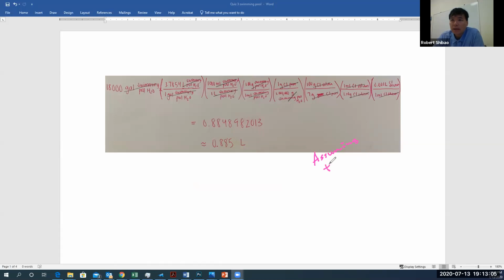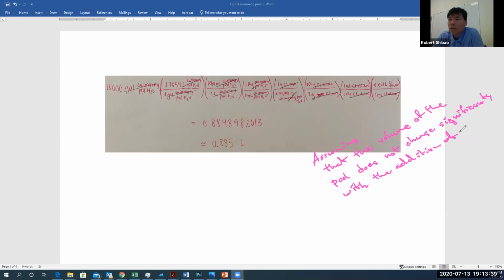Assuming that the volume of the pool does not change significantly with the addition of the chlorinating solution.